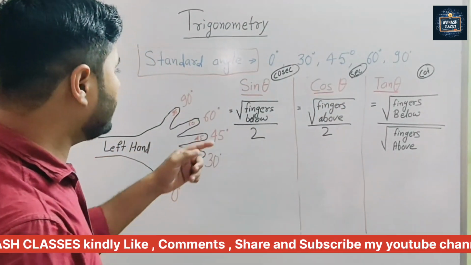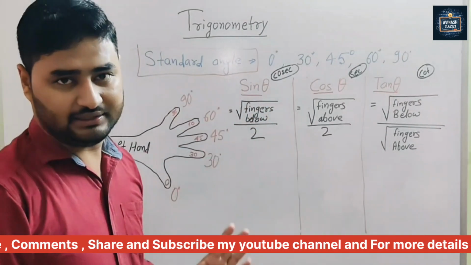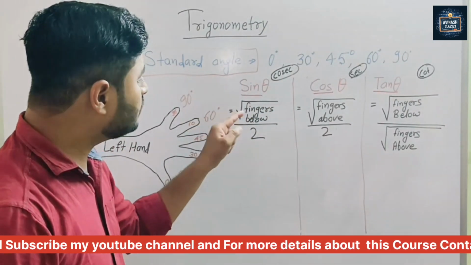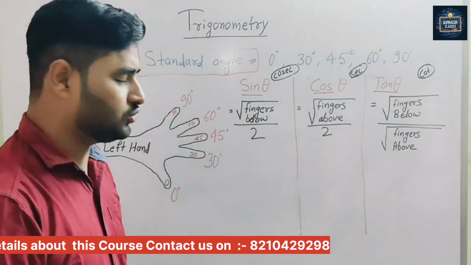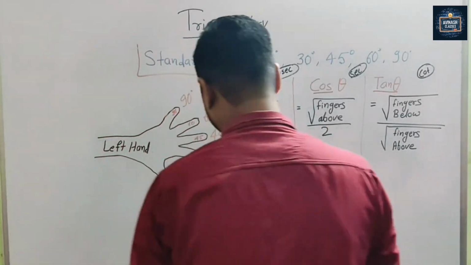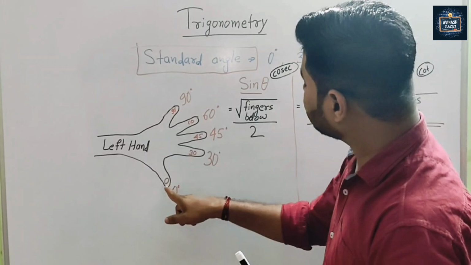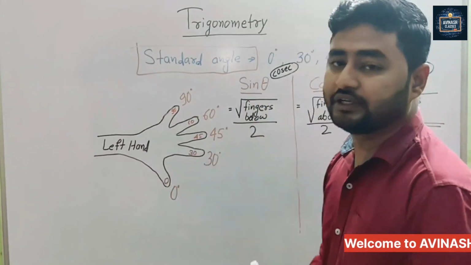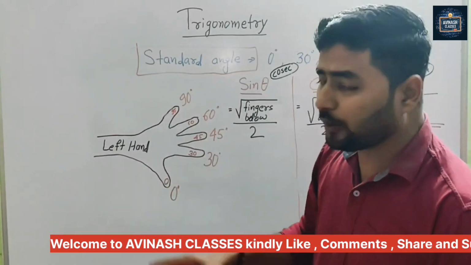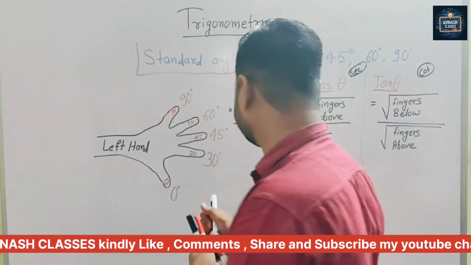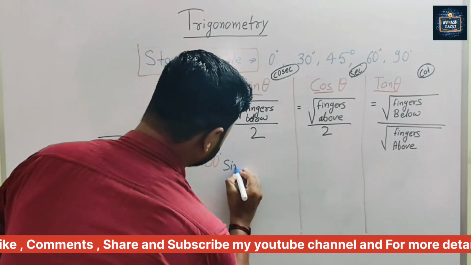First, we have to find the sine of the angle. What do we have to do? Count the fingers below, put it under the root, and divide by 2. Let's take an example to understand better. Suppose we are taking sine 0 degree.